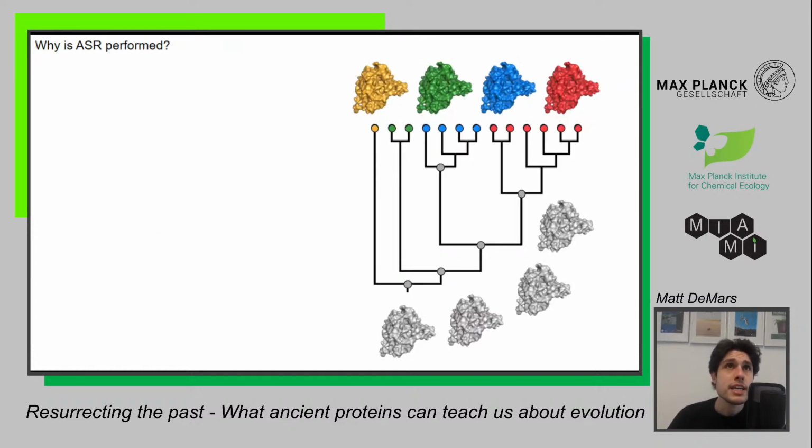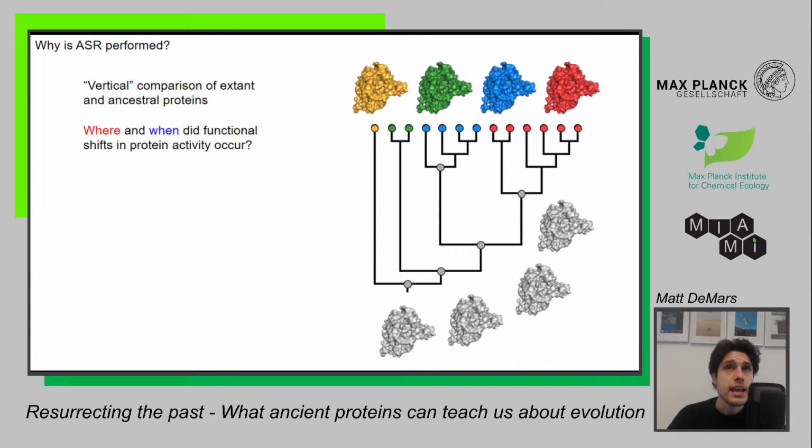So why is ASR performed? There are a number of good reasons why people might want to perform this technique in their own research. Instead of a horizontal approach, which is classical biochemistry, this is a vertical comparison of extant and ancestral proteins. So it allows you to answer several questions you can't answer otherwise.